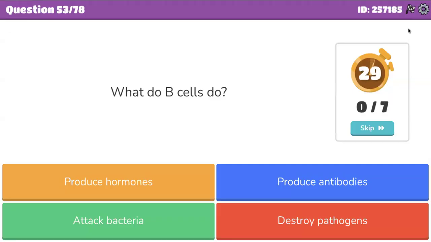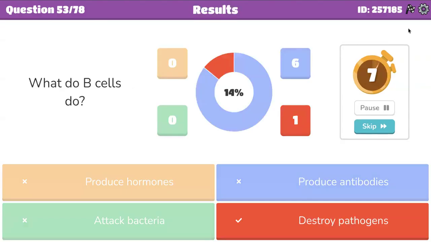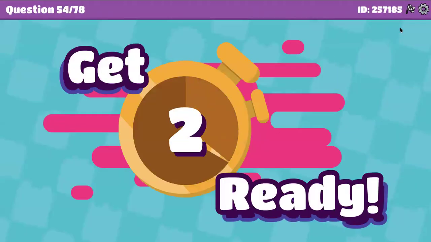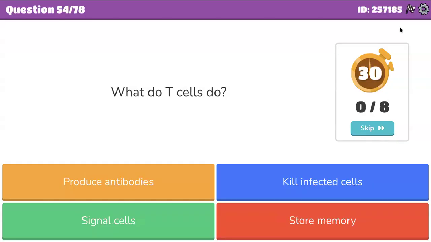What do B cells do? Do they produce hormones, attack bacteria, produce antibodies, or destroy pathogens? They destroy pathogens. What do T cells do?